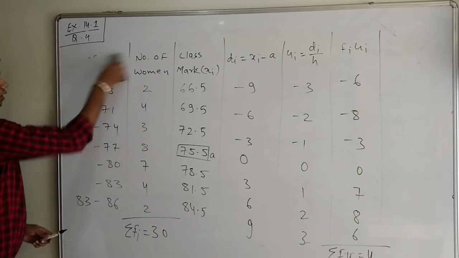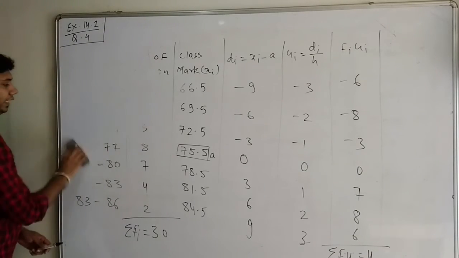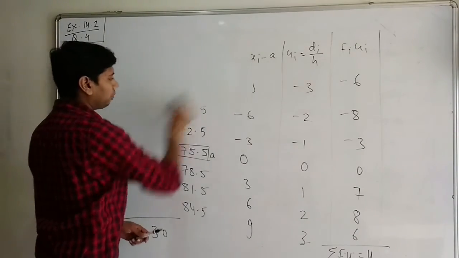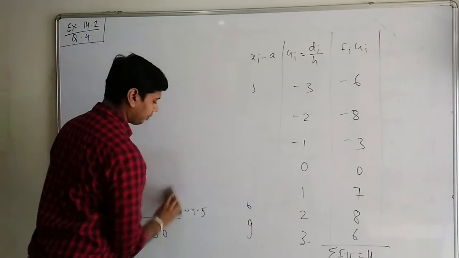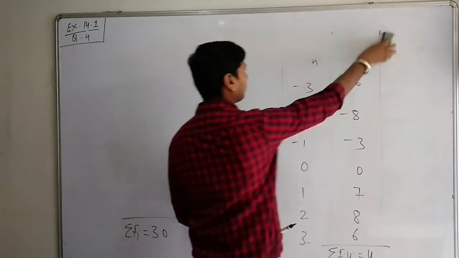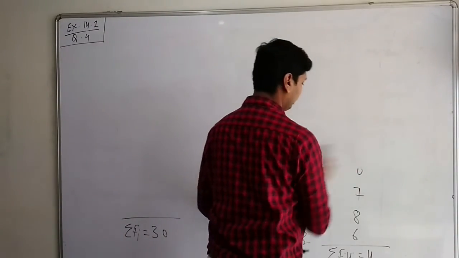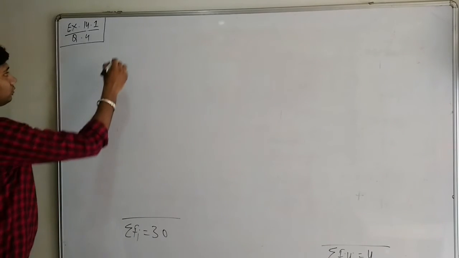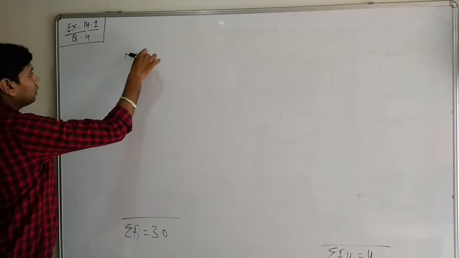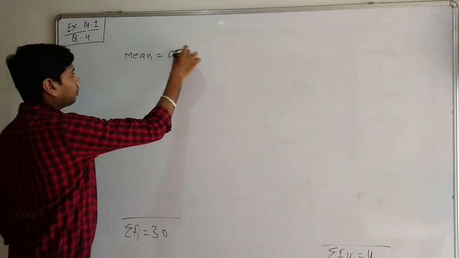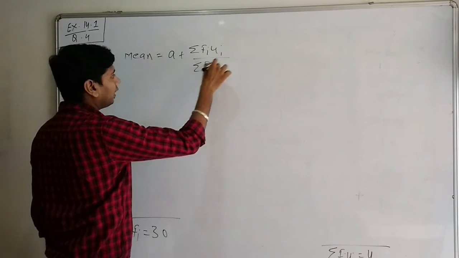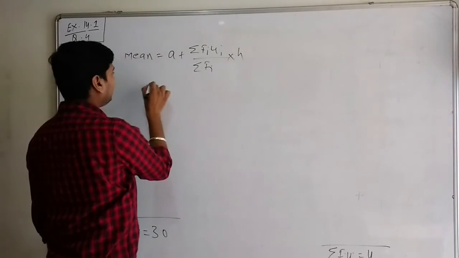The formula for mean is a plus sigma fi ui divided by sigma fi, multiplied by h. Mean is equal to a plus sigma fi ui by sigma fi multiplied by h.